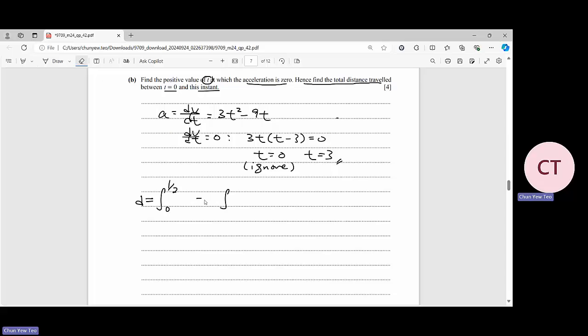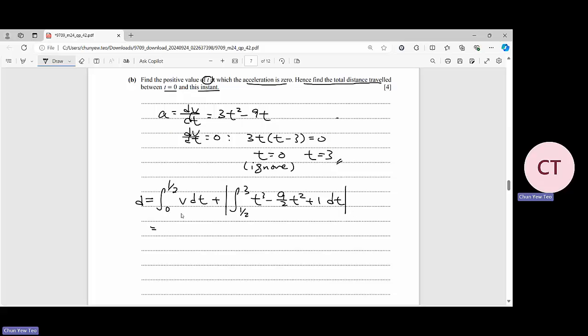Okay, so over here, this one I just write v dt. This one is minus, again, plus the modulus of the integral from half until 3 of v dt. Your v is t cube minus 9 over 2 t square plus 1 dt, modulus.